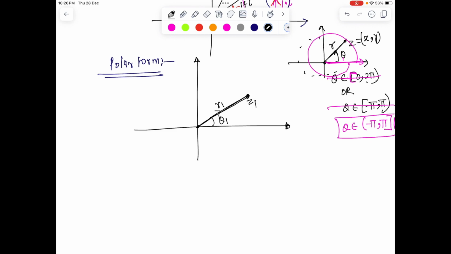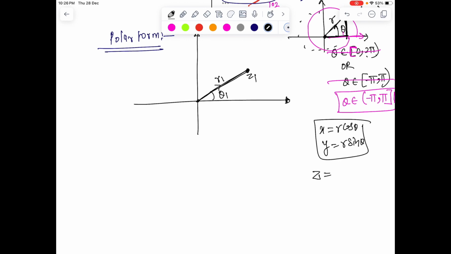So let's say you have any complex number z. Its x projection is clearly r cos theta, and its y coordinate is r sin theta. So it is an equivalent representation of any complex number in terms of r and theta. It can be written as x plus iy, hence r cos theta plus i sin theta.